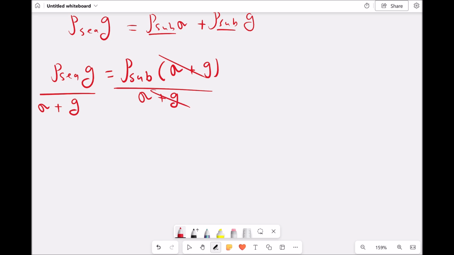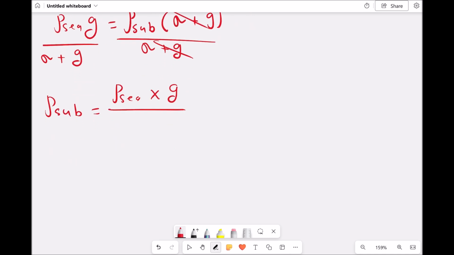Then you have density of the submarine, which is equal to density of the sea multiplied by gravity divided by acceleration added with gravity. Okay, this is the equation for finding the density of the submarine.